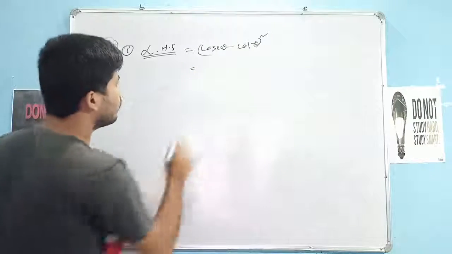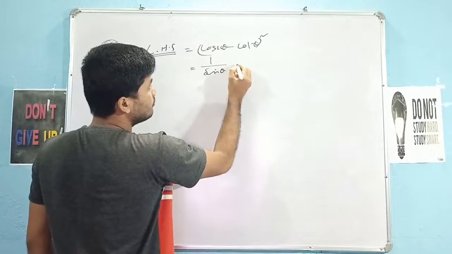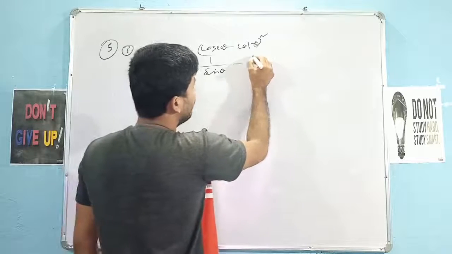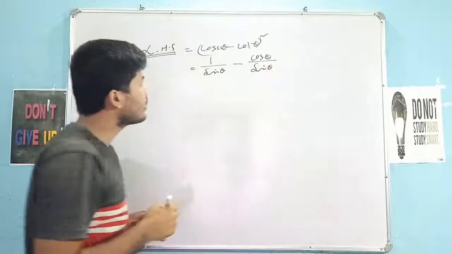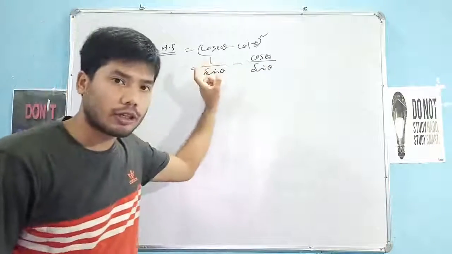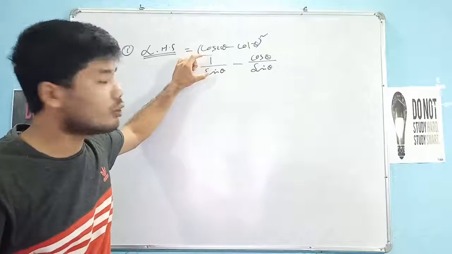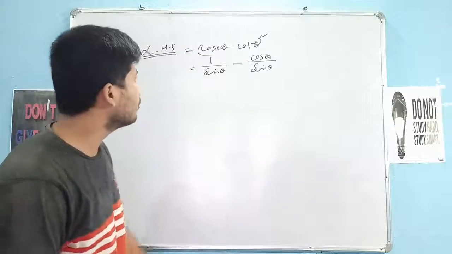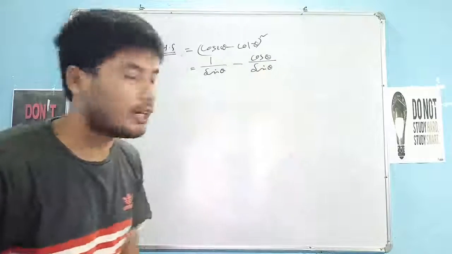We can write it as 1 by sin theta, and cot theta we can write as cos theta by sin theta. Cosec theta is 1 by sin theta. Remember, last class I told you the identities, you have to remember them, otherwise it is not possible to solve this kind of problem. So we can write cosec theta as 1 by sin theta and cot theta as cos theta by sin theta.